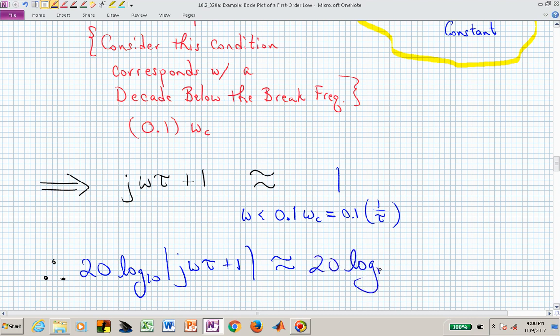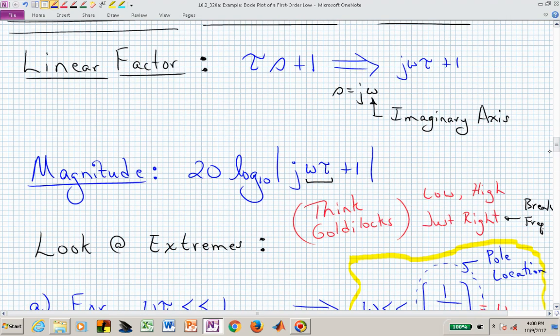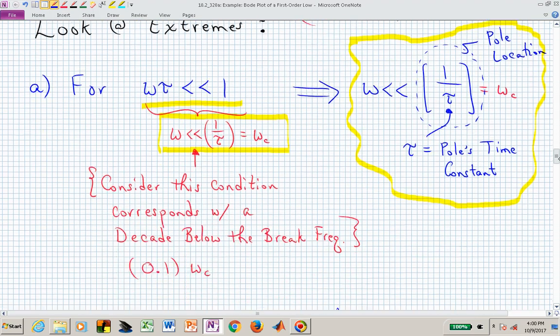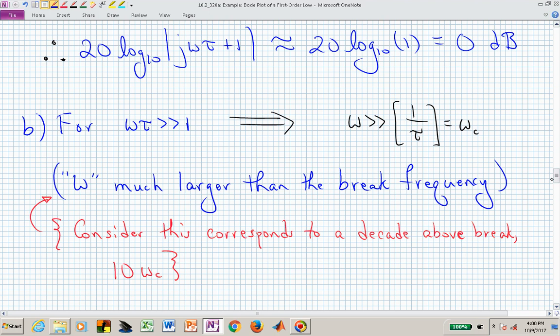So now we have 20 log base 10 of 1, and the log of 1 base 10 is 0. So this linear factor, a decade before the break, is really going to be approximated by a flat line having a value of 0 dB. That's the one extreme. That's the low extreme, thinking Goldilocks. Let's now look at the high extreme.